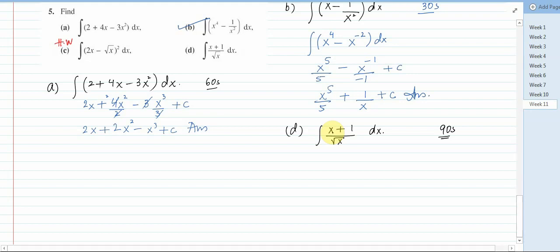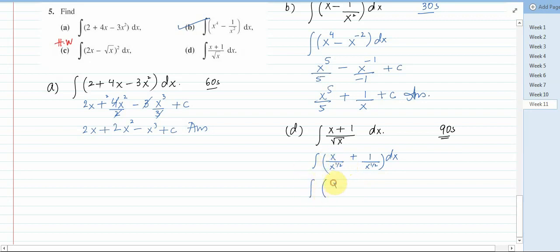Alright, so before integration, I will simplify the equation. So it's x divided by under root x, that means x to the power 1 upon 2, plus 1 divided by x to the power 1 upon 2, dx. I didn't start the integration, but I simplified the equation first. So now we have same bases and different powers, so we can simplify the power.